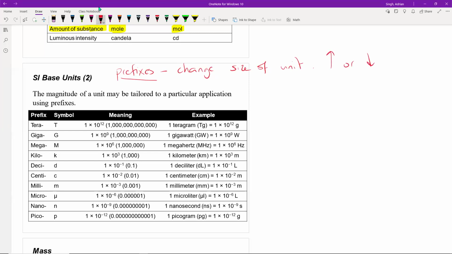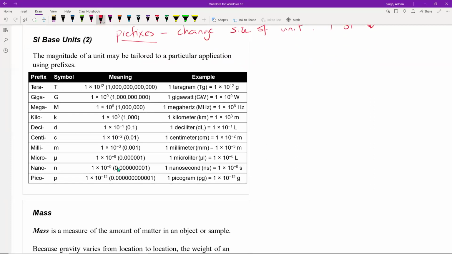And those prefixes, whenever you put them in front of the base unit, they always mean the same thing. So for example, there are several of these listed here in our table, and you need to know some of these. You don't need to know all of them, and this is not an exhaustive list by any means, but it is a list of the common ones, and out of these, we're going to focus in on the most common.